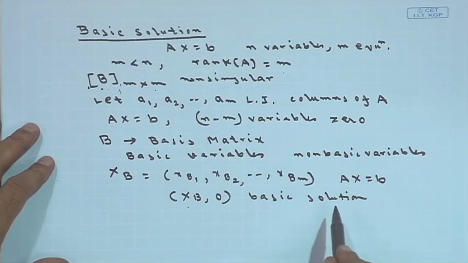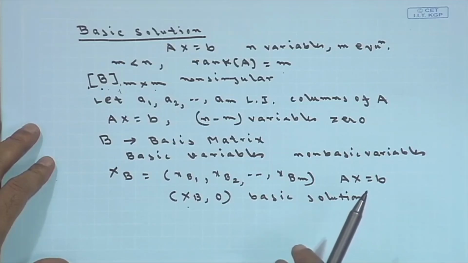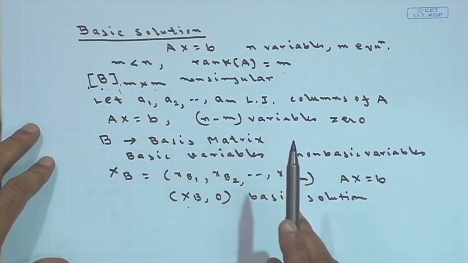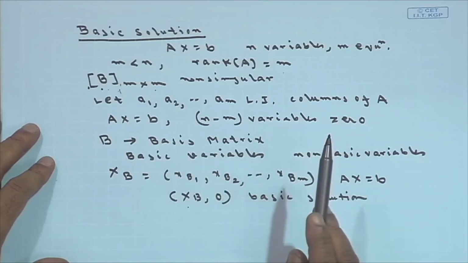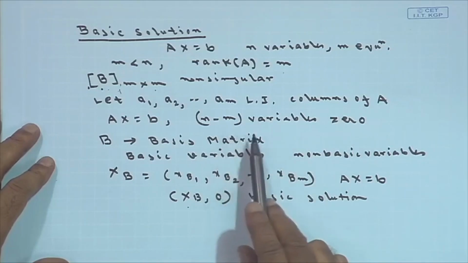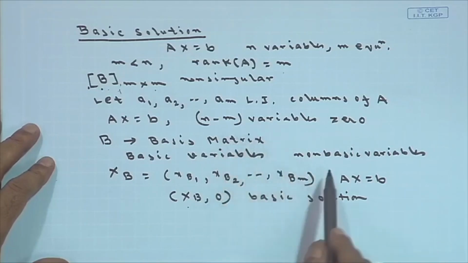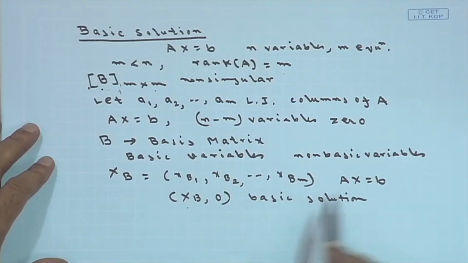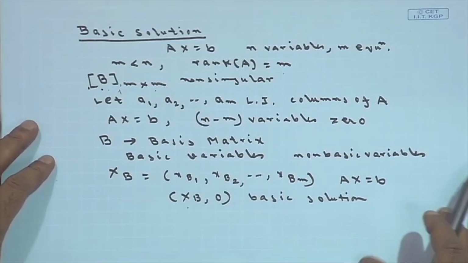How are we obtaining the basic solution? We obtain it by taking m linearly independent columns and forming a matrix B. I associate the variables attached to these linearly independent columns, which I call the basic variables, and all other n minus m variables will be the non-basic variables, and this (x_B, 0) is the basic solution.